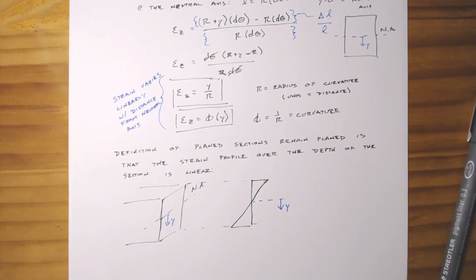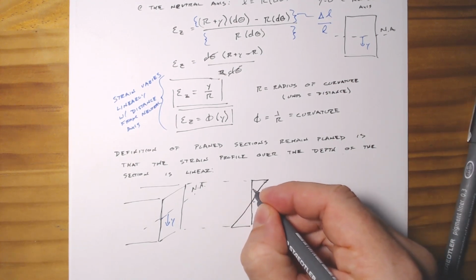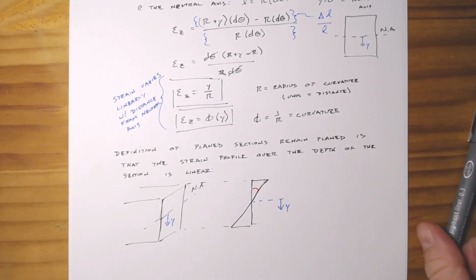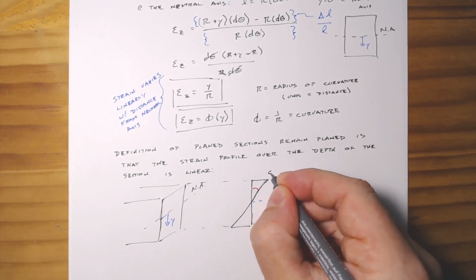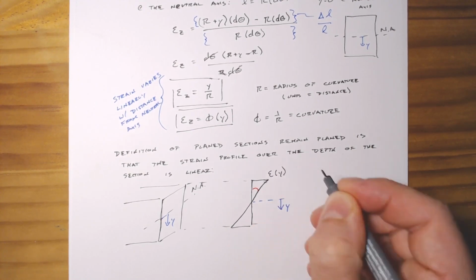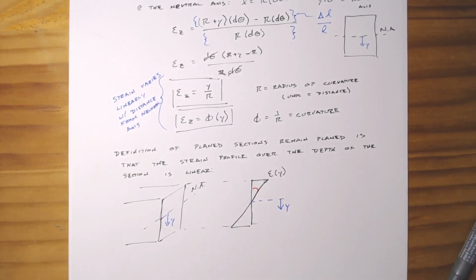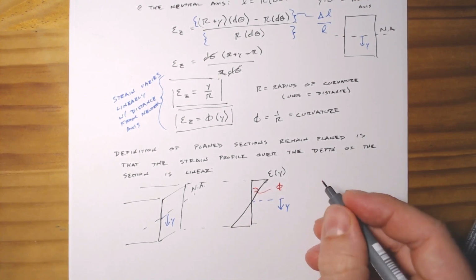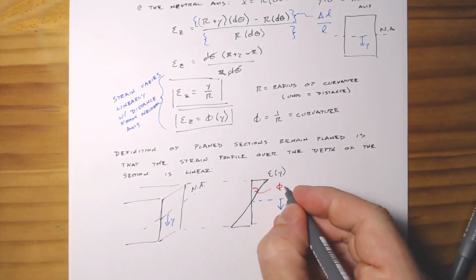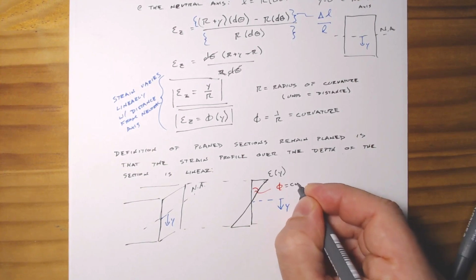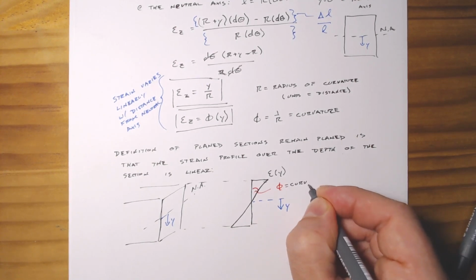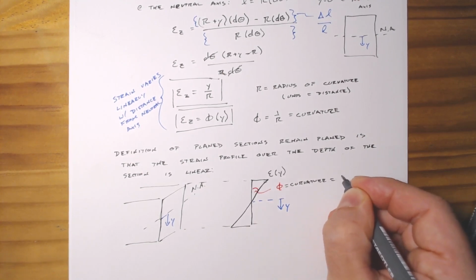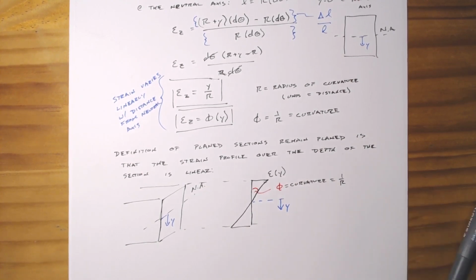And the other thing that we would find is that the angle of this strain profile, so say this is our strain with respect to y, this angle is simply going to be our curvature, equal to 1 over the radius of curvature.